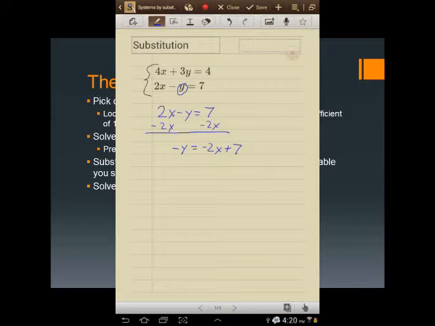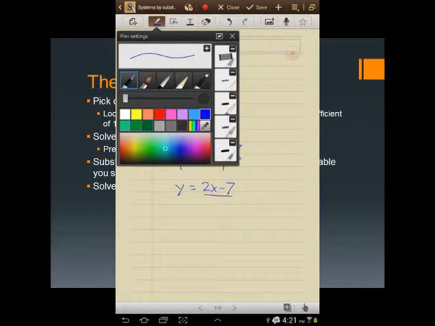Now I have that negative, so I just need to divide everything by -1. That gives me a positive 2x minus 7. So y equals that guy right there. So that's the first two steps.